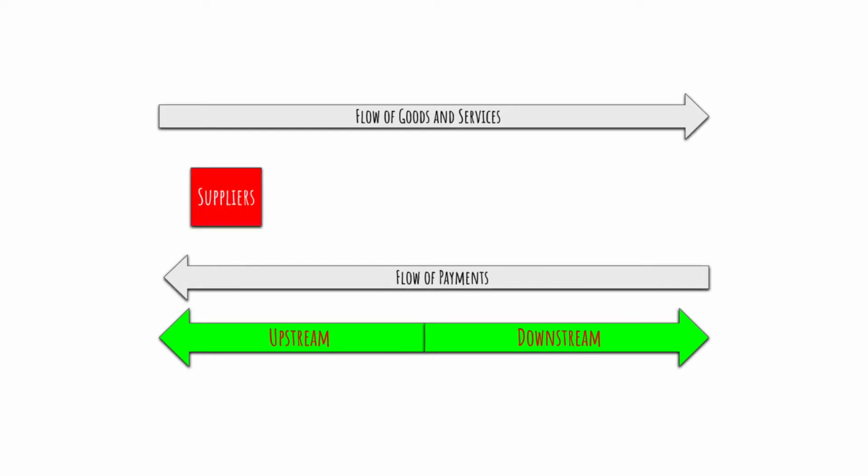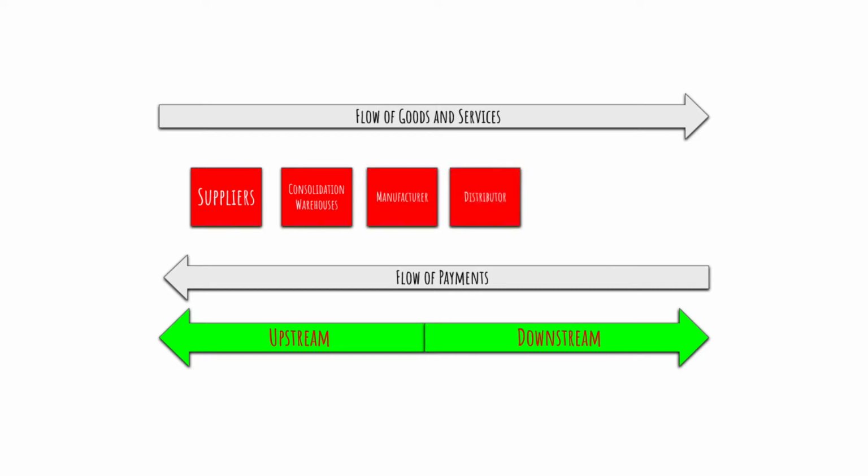Let's look at a basic model of a supply chain as an example. In the model, we see one echelon for suppliers, one echelon for consolidation warehouses, one echelon for a manufacturer, one echelon for a distributor, one echelon for a wholesaler, and finally, one echelon for retailers.